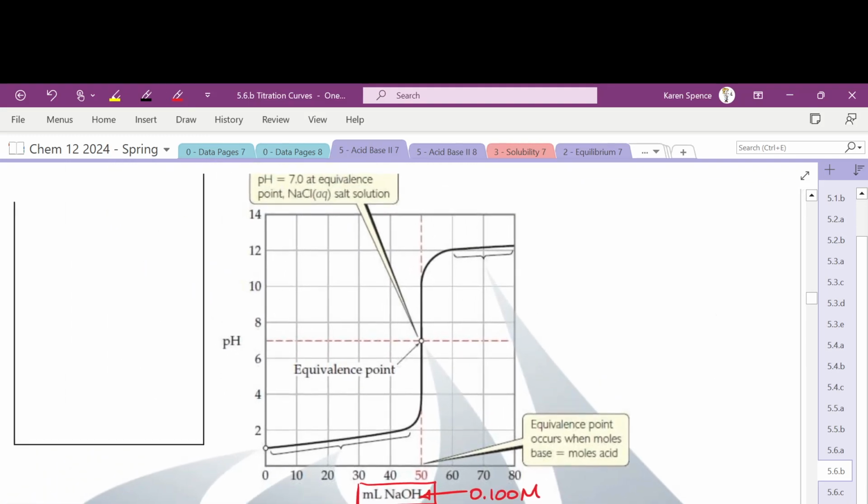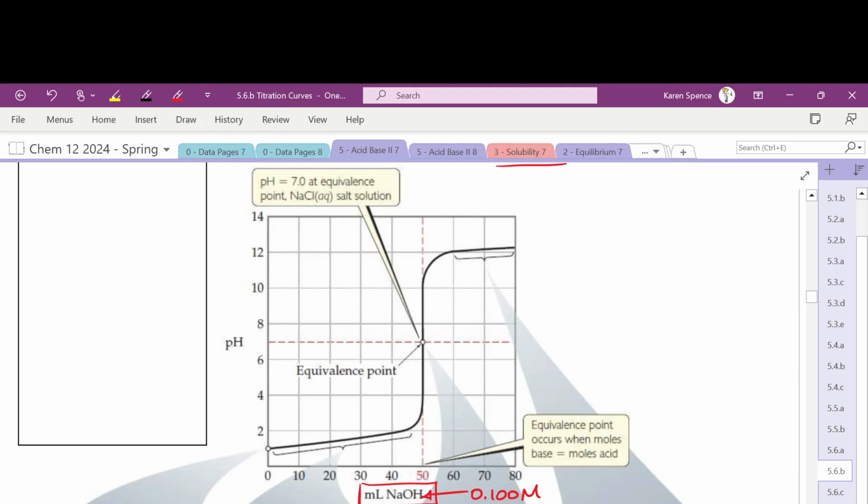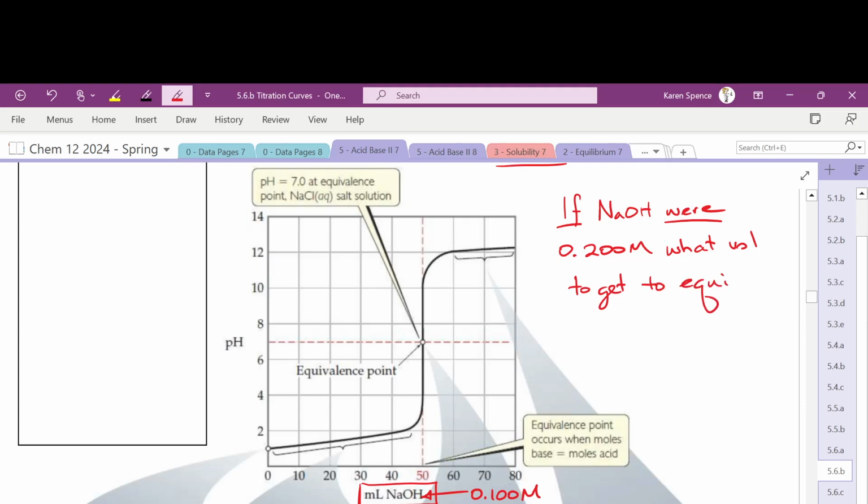And what the question wants to know is, what volume would we need if the NaOH were 0.2 molar? What volume to get to the equivalence point?